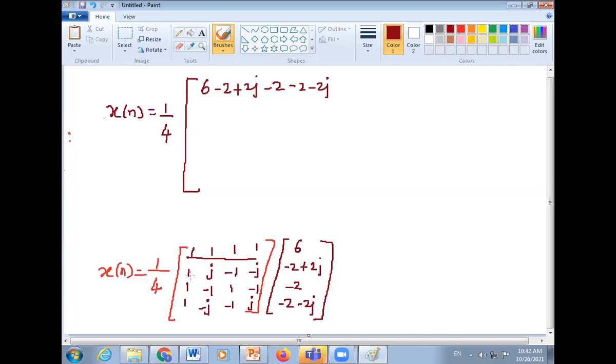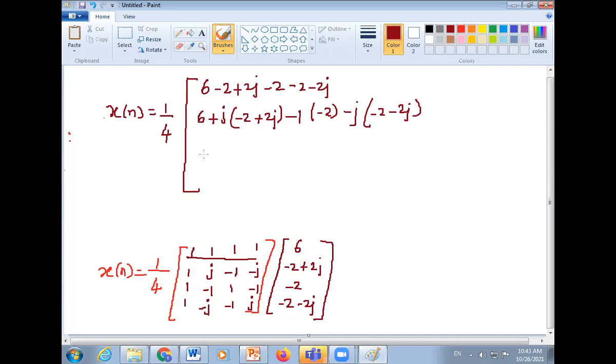Then second term: 1 is multiplied with 6, so 6 it is, plus j into minus 2 plus 2j, then minus 1 into minus 2, then minus j into minus 2 minus 2j.